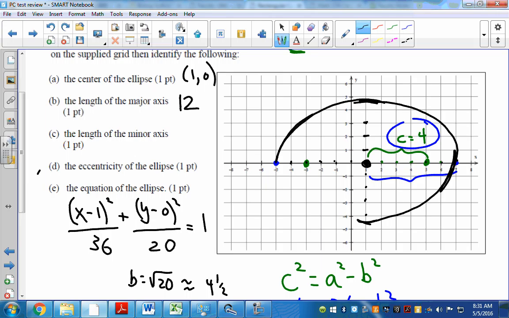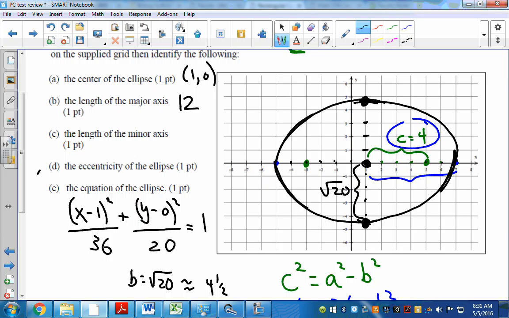If I were grading the sketch, I would be looking for this point right here not to be up at 5, but somewhere between 4 and 5, and the same thing down here. The bottom of the football is not going to be at -5, but between -4 and -5. And this distance, even though we didn't ask for it, is the square root of 20. So there's a good sketch.